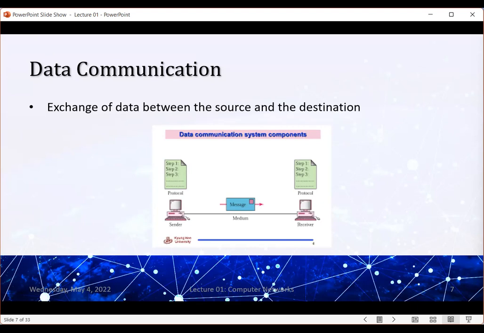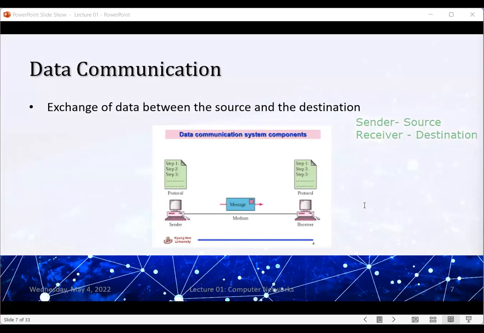Madam. Yes. Then there should be a receiver as well. Sometimes we call the receiver the destination, and the sender the source.